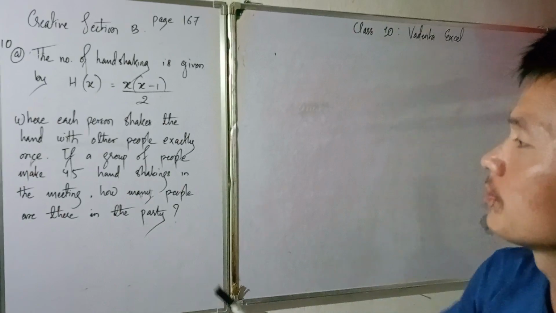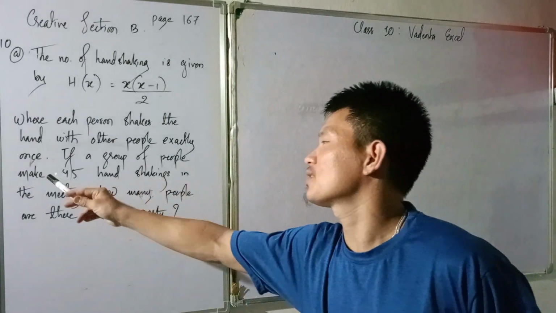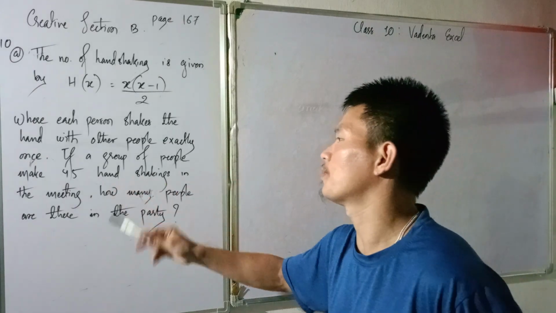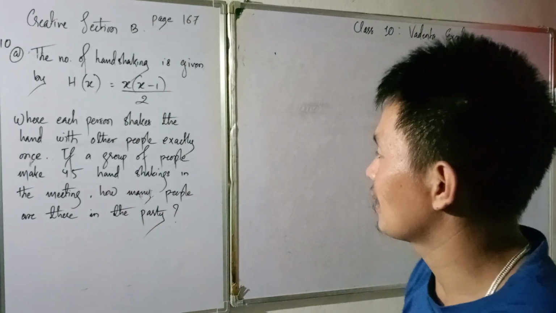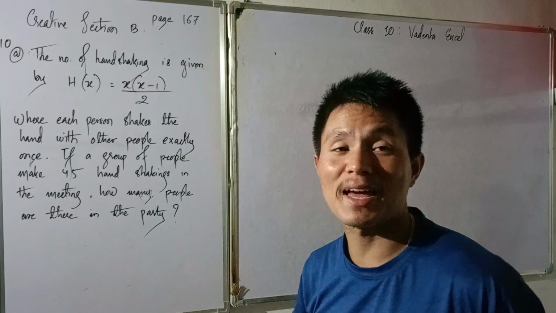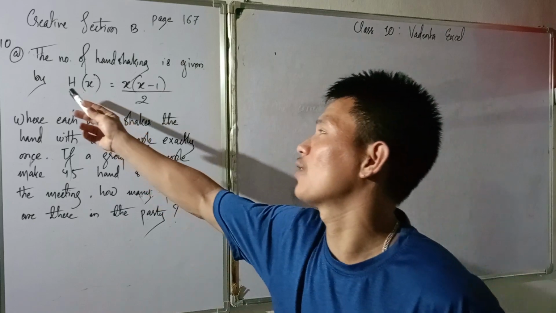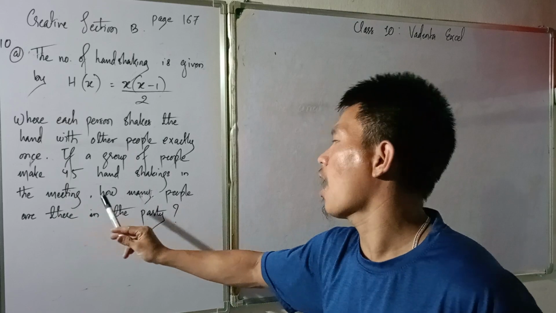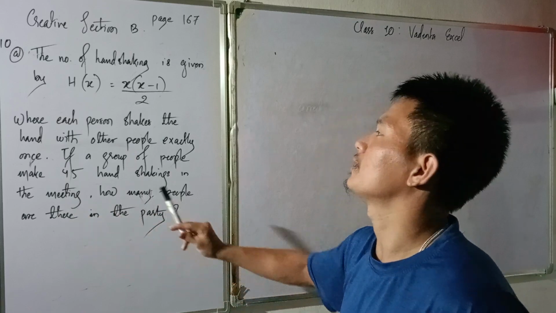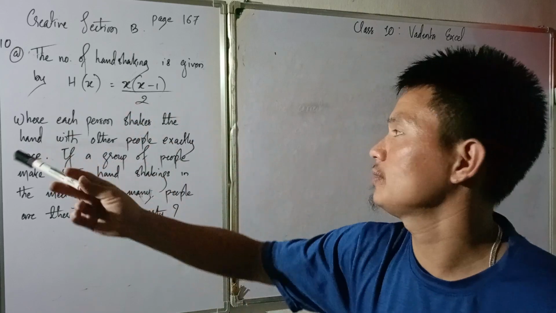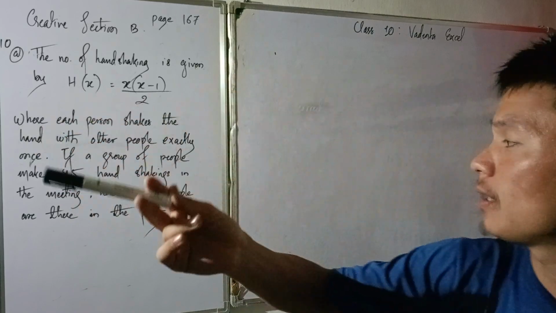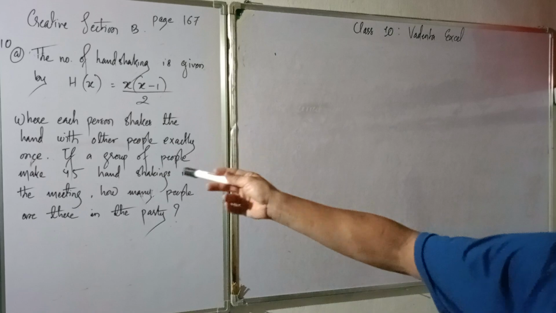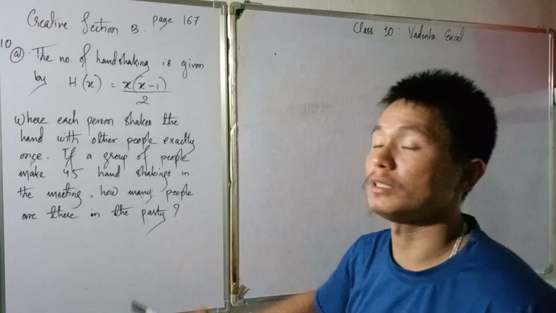If a group of people makes 45 handshakings, it means the value of A(x) is 45 handshakings in the meeting. How many people are there in the party? So from that data we have to find the number of people in the party.